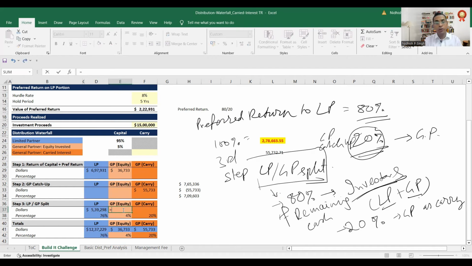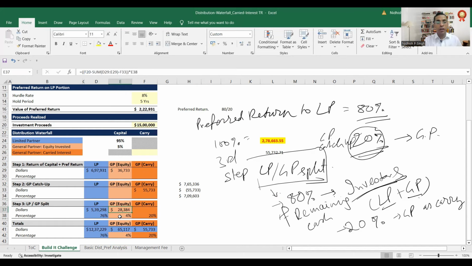And similarly, we need to take 4% of the remaining capital. So double bracket, minus the sum of preferred return and capital, minus carry, close bracket, times 4%.